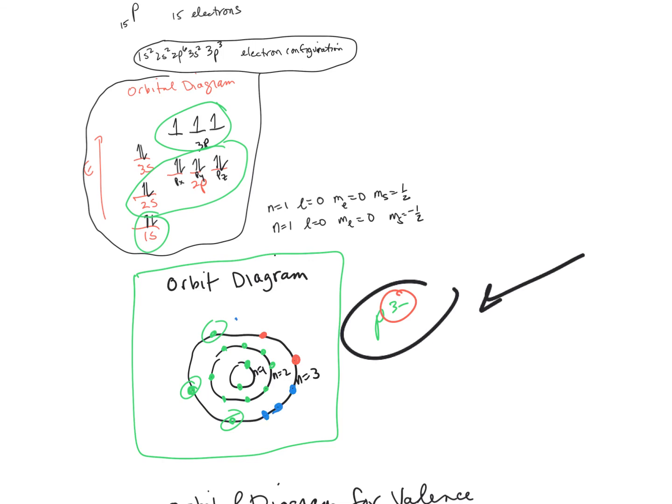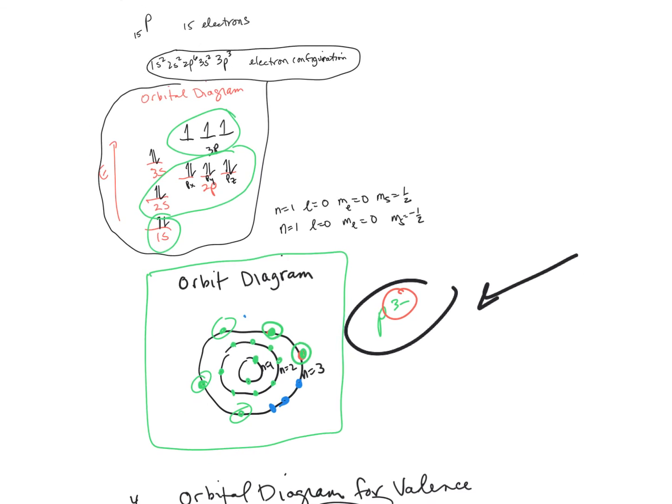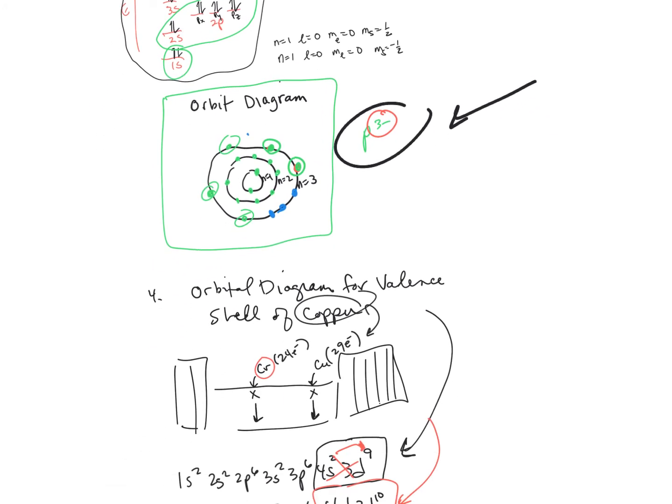You got 1, 2, 3, 4, 5, 6, 7, 8. Yeah, that's how you do it. All right, so these should have been green because that's the proper orbital diagram. And then if you're making P3 minus, the blue ones, you want to add those in. And then you get 5 and 3 is 8. So the reason why phosphorus wants to be 3 minus is that it can form the octet. All right, so that is the story there.